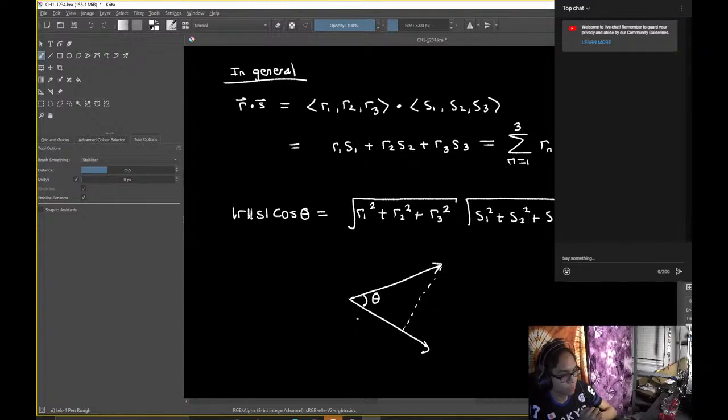What about the y component? What would that make a difference? Hmm. Need to somehow create the y component like that. So cosine theta is going to be that guy with that guy.